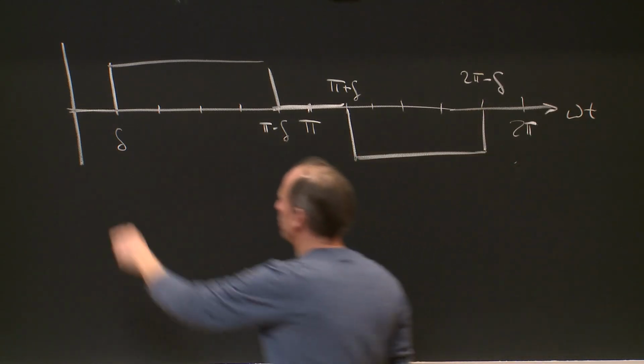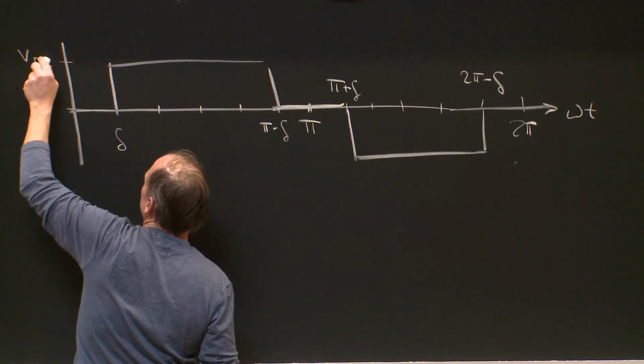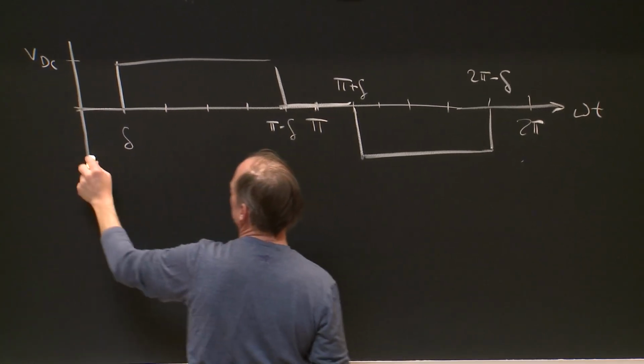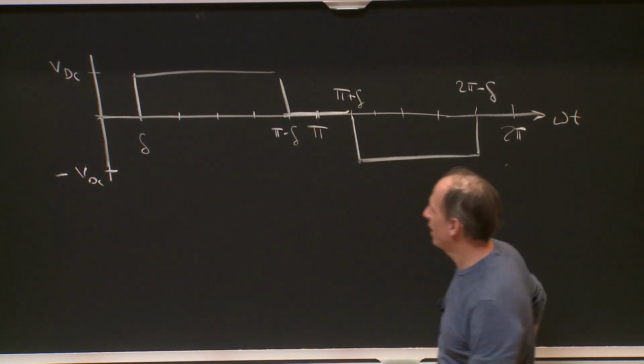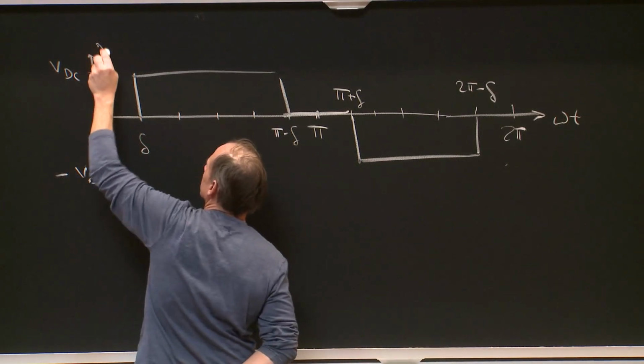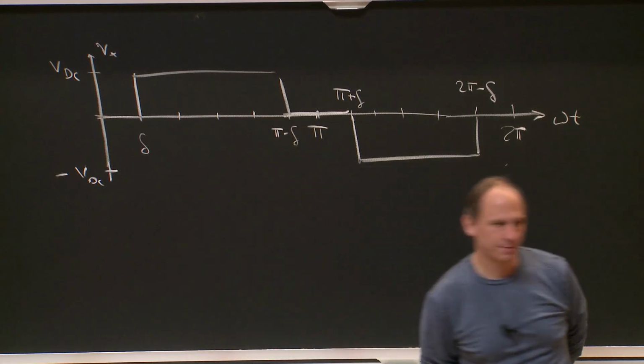So this is VDC, this is minus VDC. This waveform for Vx is half-wave symmetric.